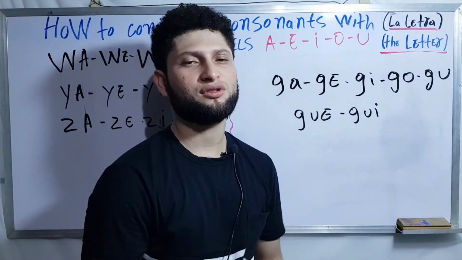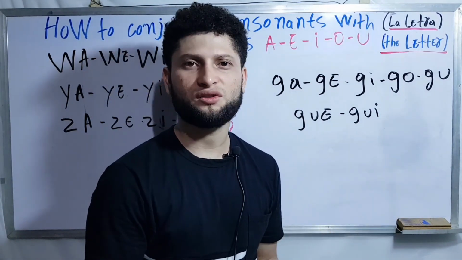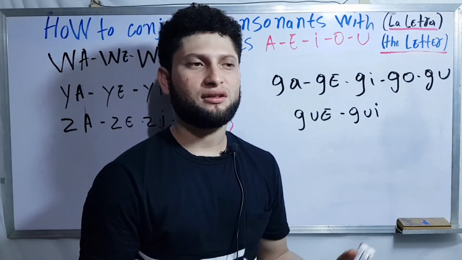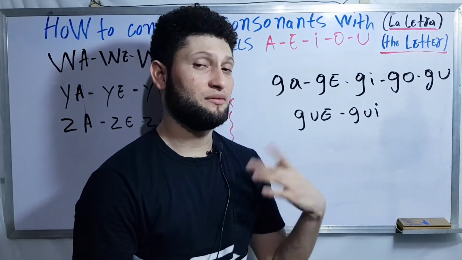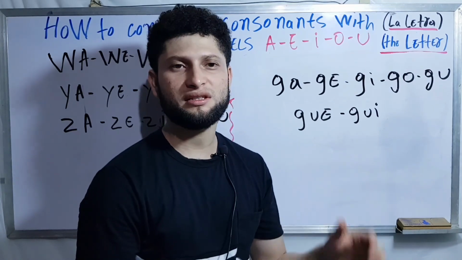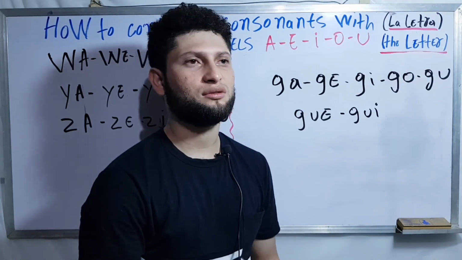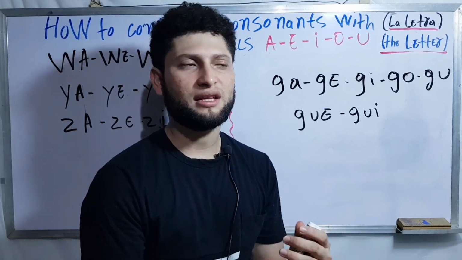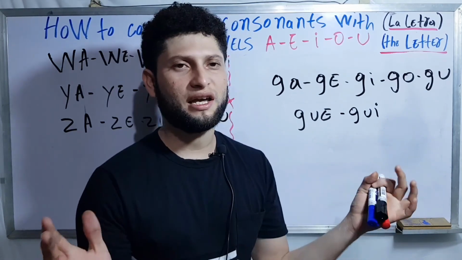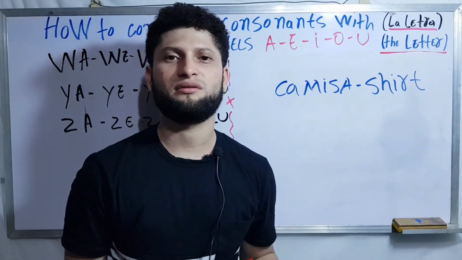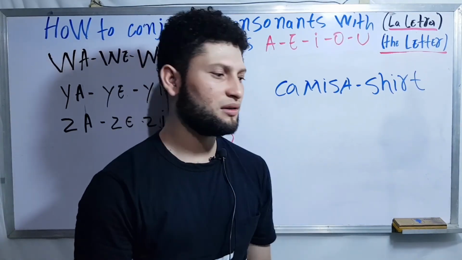Now I will teach you some words that you can put into practice in your vocabulary, for you to realize that it's super easy to combine some letters and conjugations in Spanish to say any word. I will give you just one example.